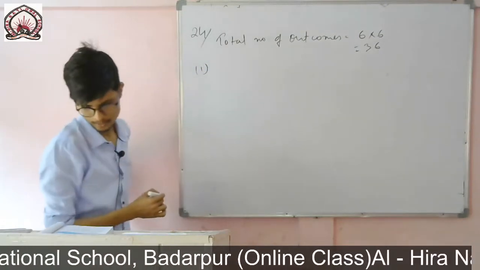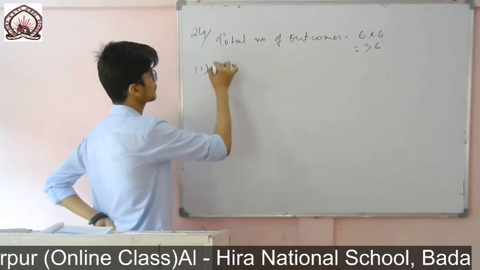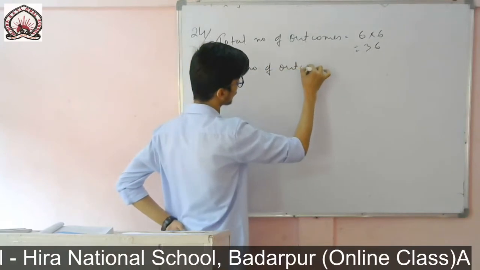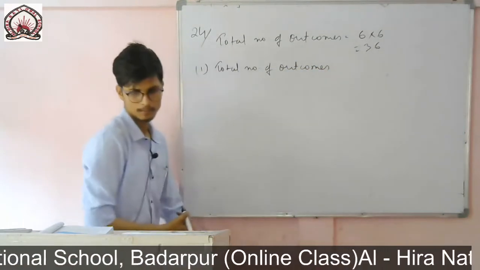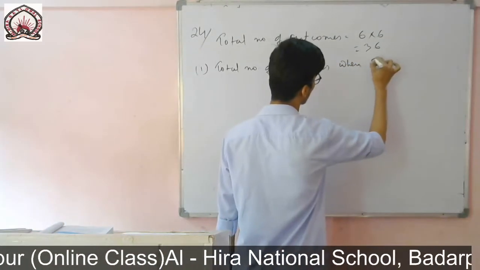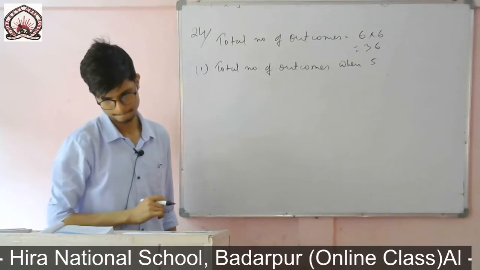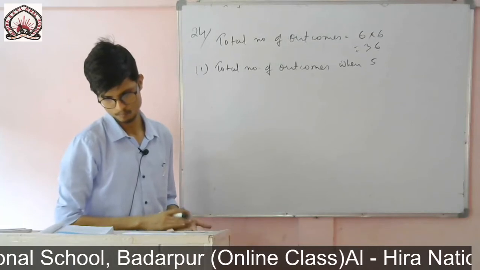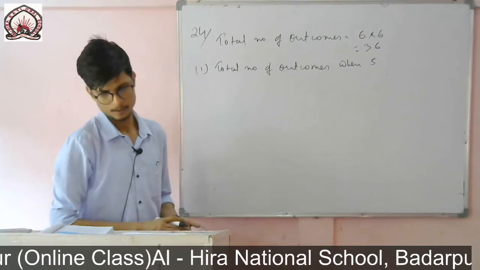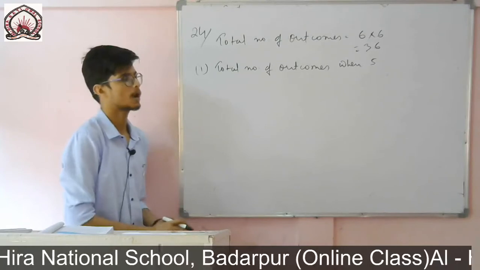The question is to find the probability that 5 will not come up either time. First of all, out of these 36, we will find in how many cases 5 will come.